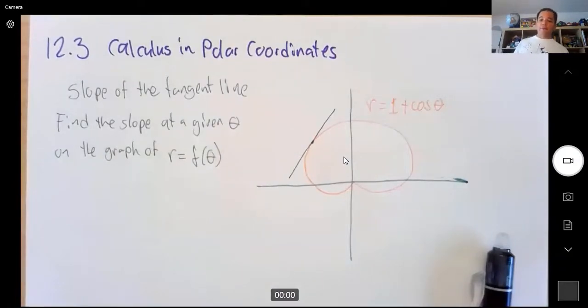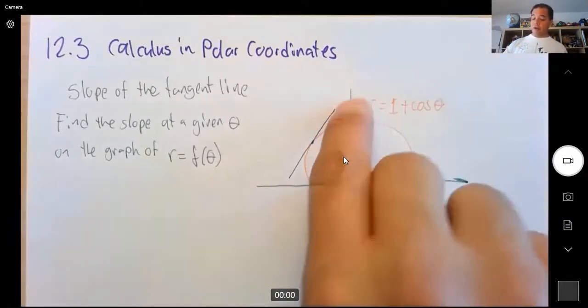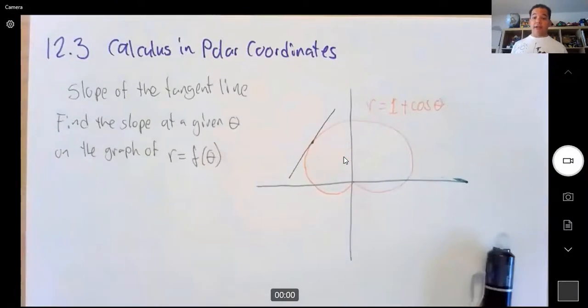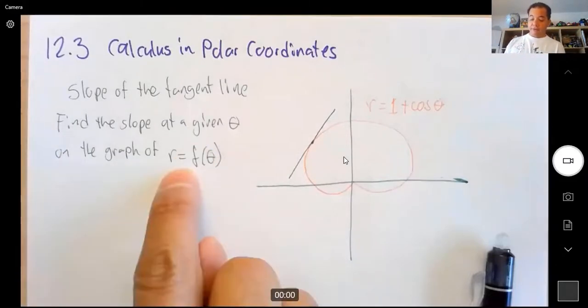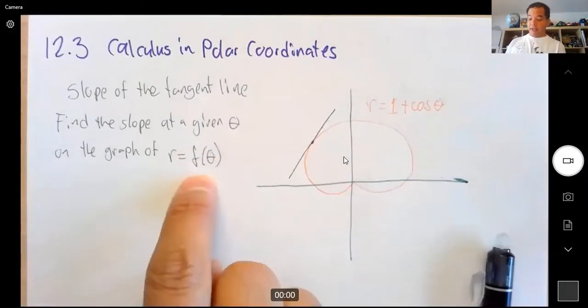Now we know on regular rectangular coordinates that the slope is the derivative evaluated at a given point. So it would be sweet if the same formula worked here. Sadly, that's not the case. The answer here is not going to be the derivative of this function evaluated at theta.